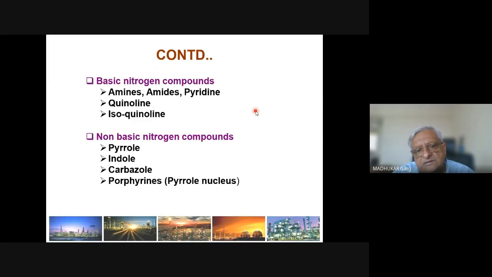Generally, the nitrogen compounds present are amines, amides, pyridine, and carbazole, which is again a five-membered ring along with two benzene rings with a nitrogen instead of carbon, and so on. So these include basic nitrogen like amine, quinoline, isoquinoline, and non-basic nitrogen like pyrrole, indole, etc.